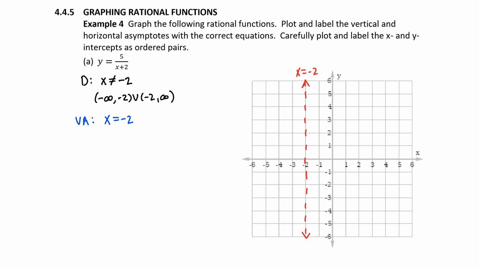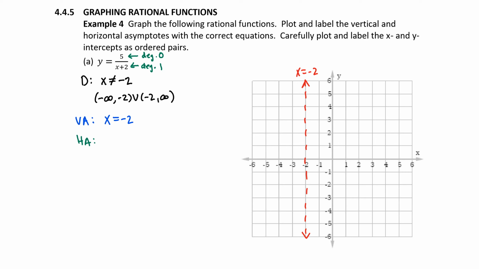Let's also find our horizontal asymptote. To find a horizontal asymptote, we have to observe the relative degrees of the numerator and the denominator. Now, start with the denominator. The degree of the denominator here is 1. What about the degree of the numerator? Can you recognize it? This would be degree 0. You could write that as 5 times x to the 0th power.